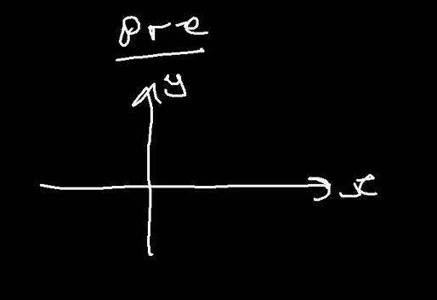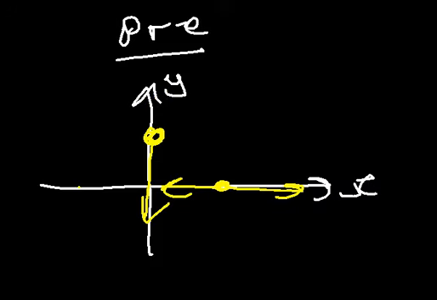Assuming there is an object moving along the x-axis, you can tell whether the object is moving towards this direction or towards this direction. Likewise, if the object is moving along the y-axis, you can tell whether the object is moving towards this direction or this direction using Pythagoras mathematics.